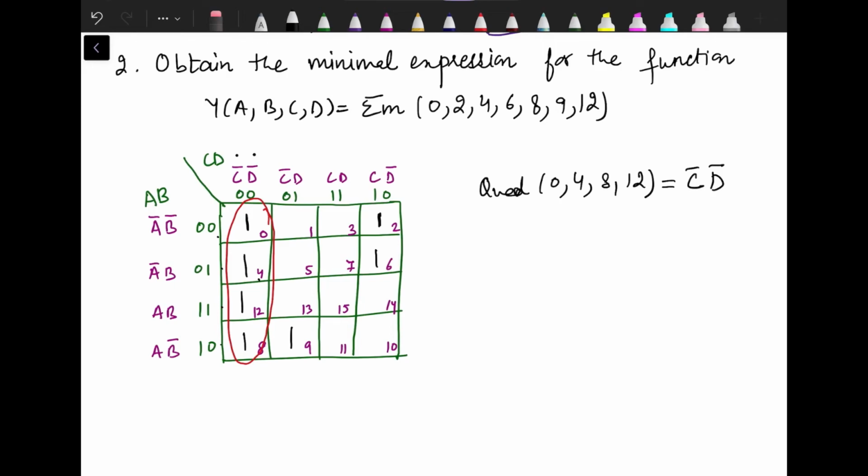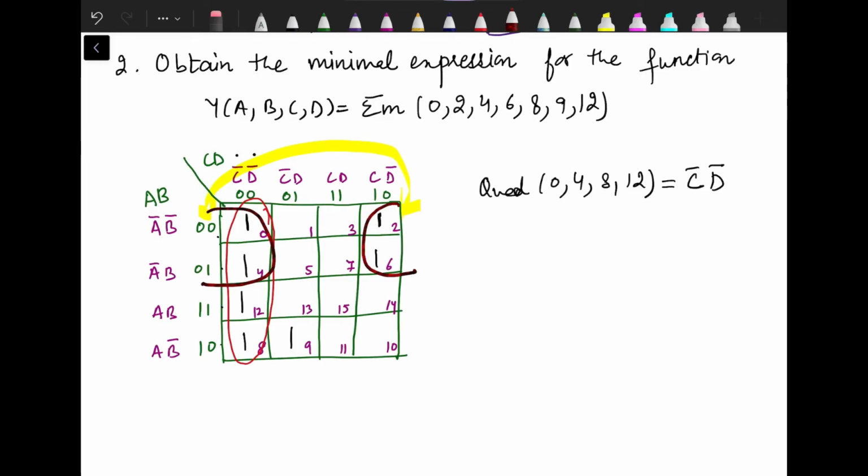Now we need to look for the other possibilities. What is the next possibility? One can say that they can make the pair of 2 and 6. But that is not true, because if we fold like this, then we have again a quad possible of 0, 2, 4 and 6, because we need to look for all the possibilities, whether there is any possibility of the octet first, and if an octet is not there, whether there is any possibility of a quad.